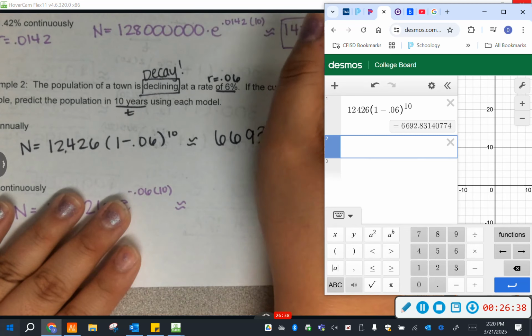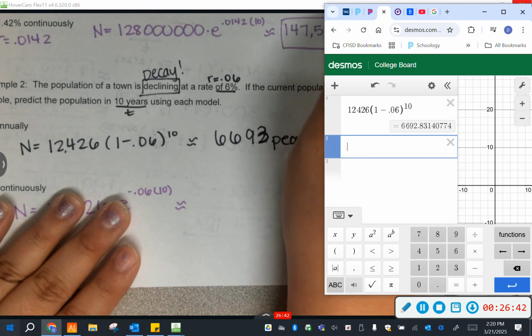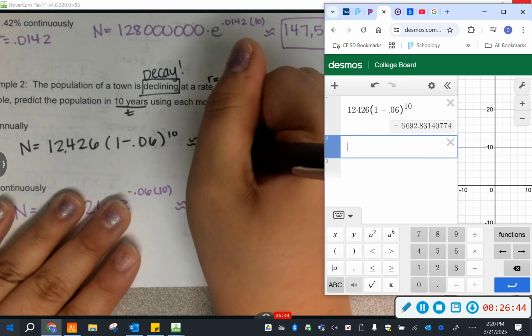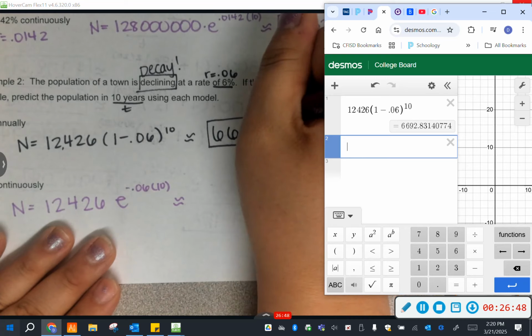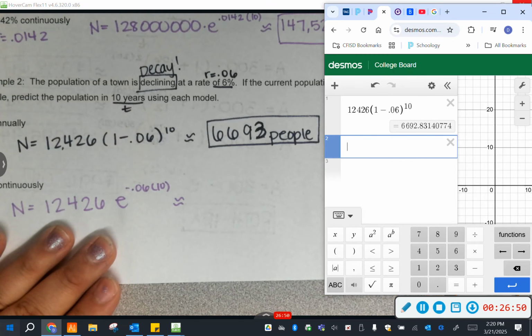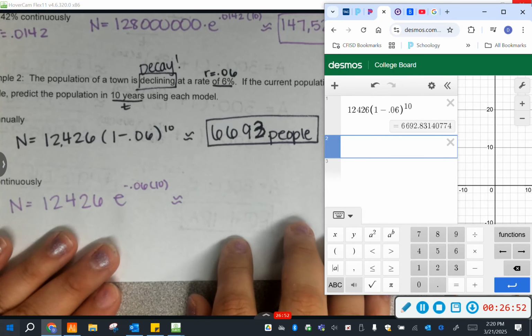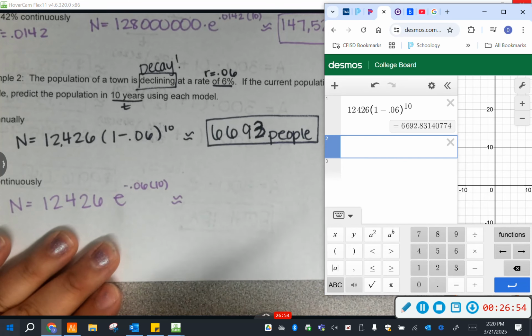No, 9-3. Okay. Well, but here have 6, 9, 4 people.